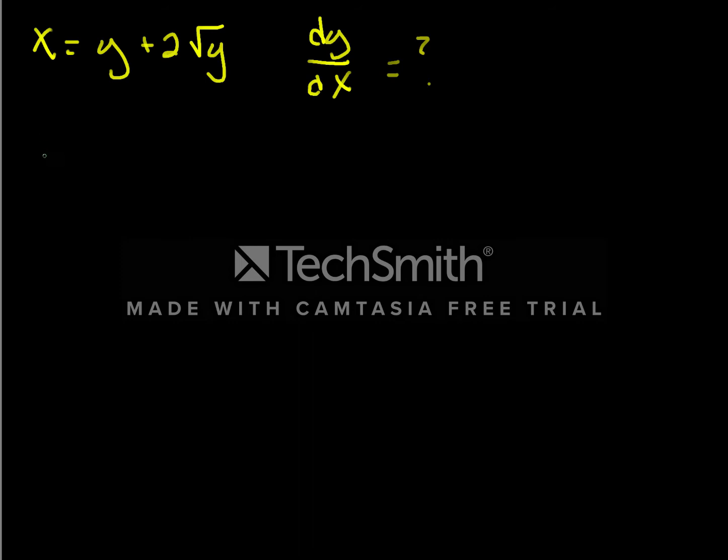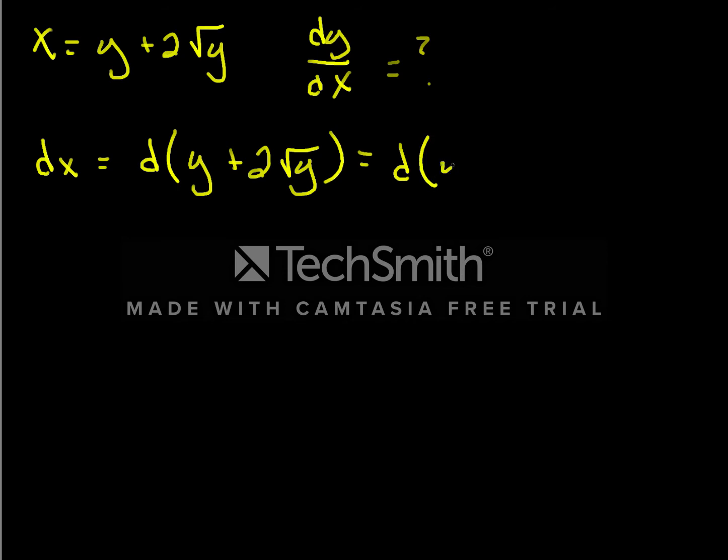So just like in the previous problem, I find the differential of x first, use that, and we'll use our inverse rule. So this is the differential of y plus 2 root y. Should have written it this way, differential of y plus 2y to the 1/2, because now I can deal with rational powers. And this gets passed through. That's just differential of y.